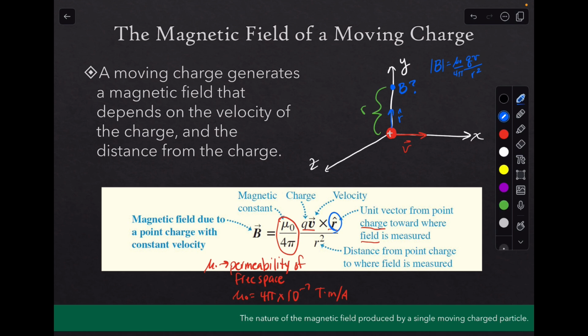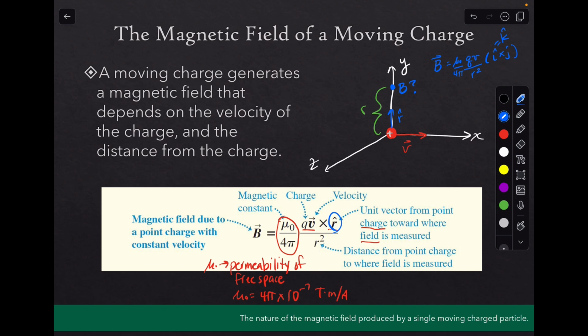And then the direction of B, let's change this to vector notation. The direction of B is going to be the direction of V cross R, which is x hat, or let's just do i hat cross j hat, which is what? It's k hat, right? i cross j is k. So our magnetic field is going to be mu naught over 4 pi QV over r squared k hat, all right?